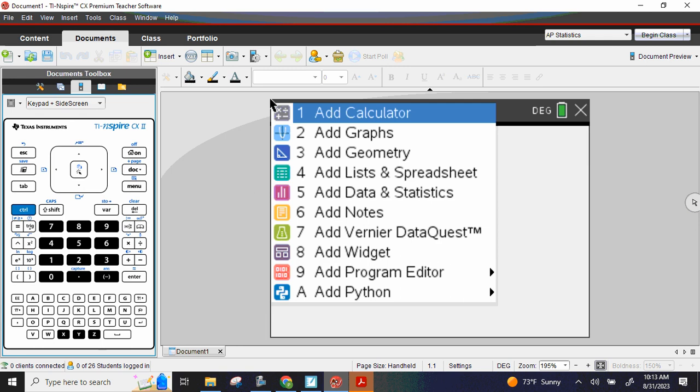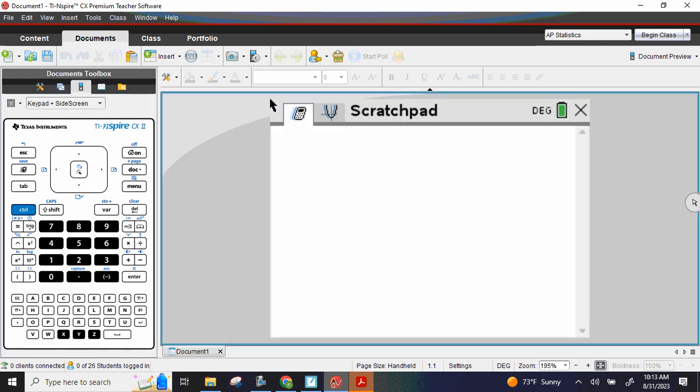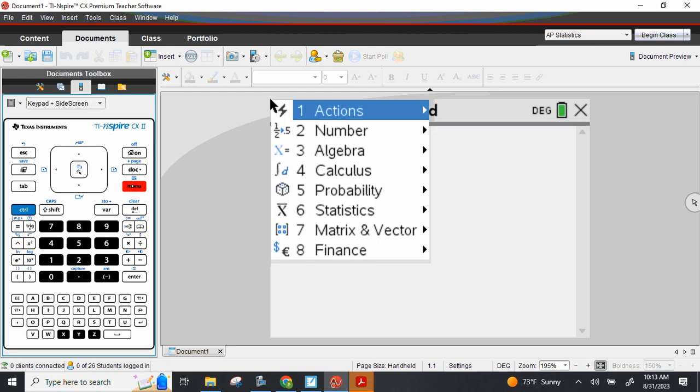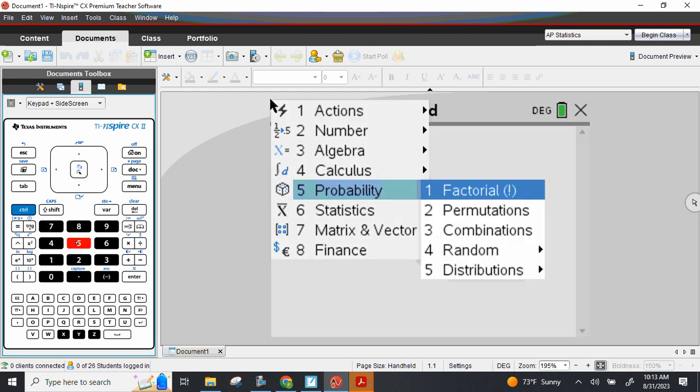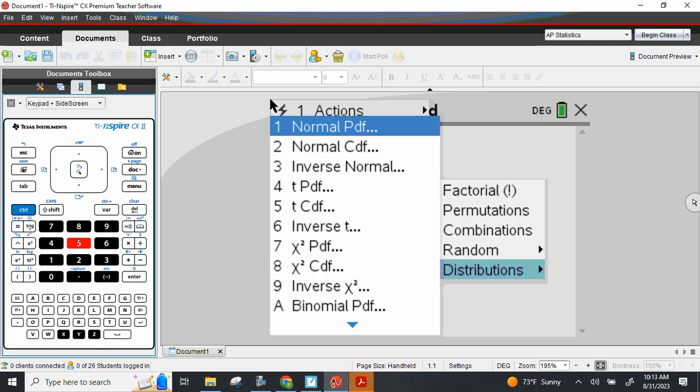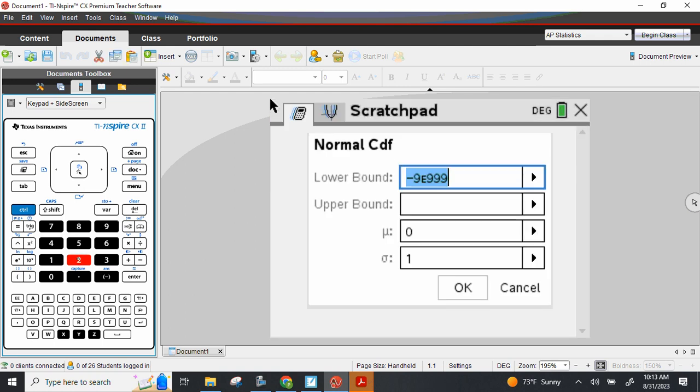So I am going to hit menu. We're going to go to probability. We're going to go to distributions. We're going to choose normal CDF. And now my lower bound is just the bound that we were given, that 0.193.